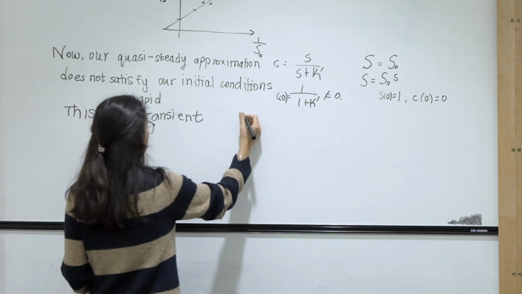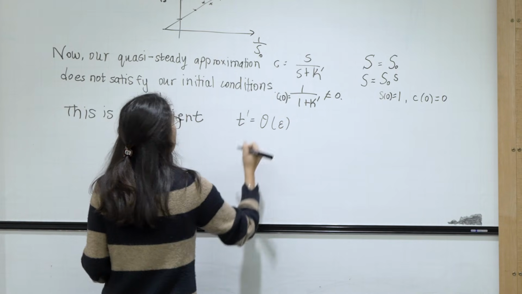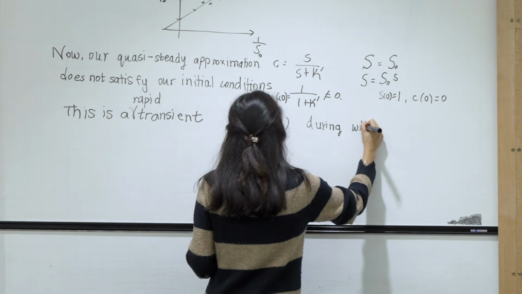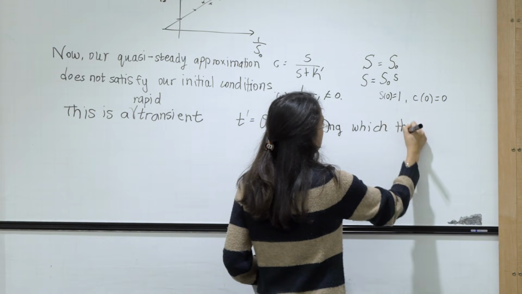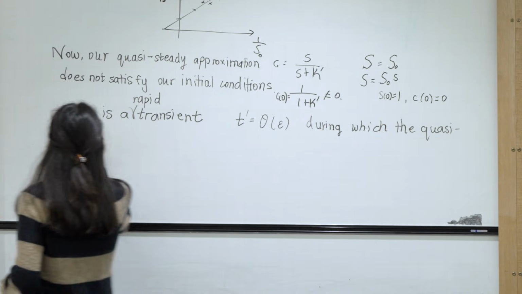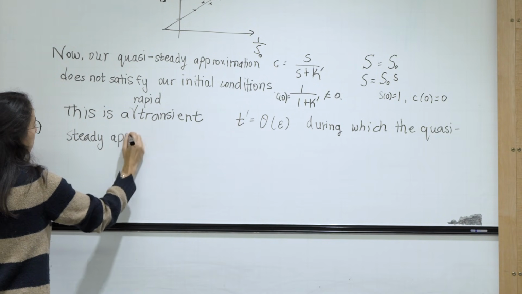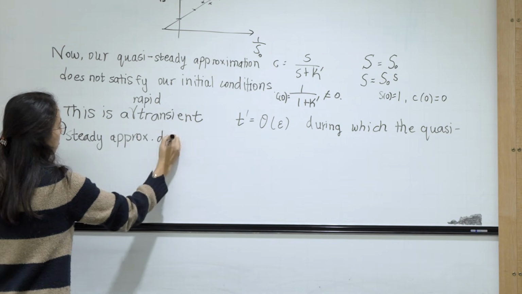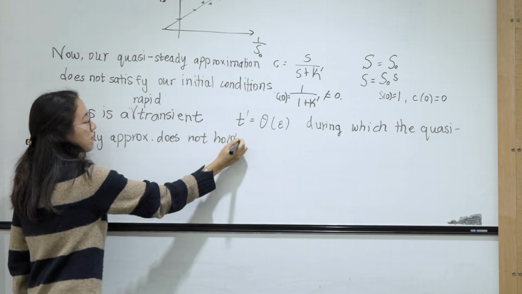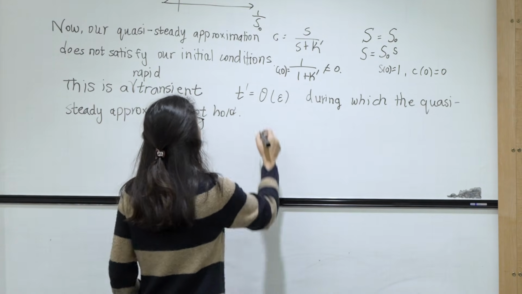What this means is that the time is of order epsilon, and during this process the quasi-steady approximation does not hold. Okay, so if I know that the time behaves in that way, I can now do the following rescaling.